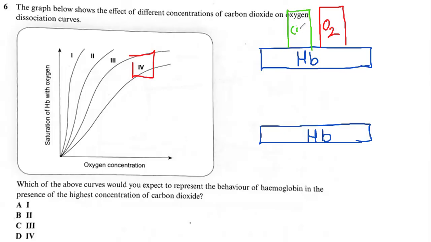If it has a high saturation of oxygen, do you think it's also going to simultaneously have a high concentration of carbon dioxide? No. Like I said, hemoglobin is special.